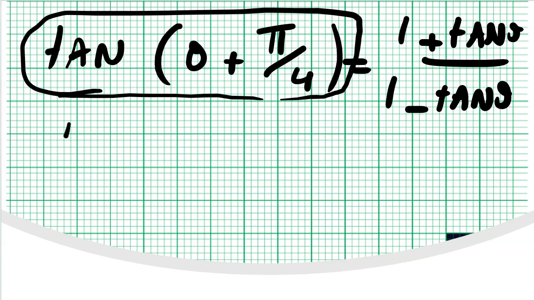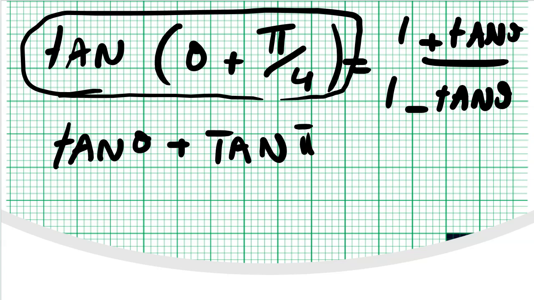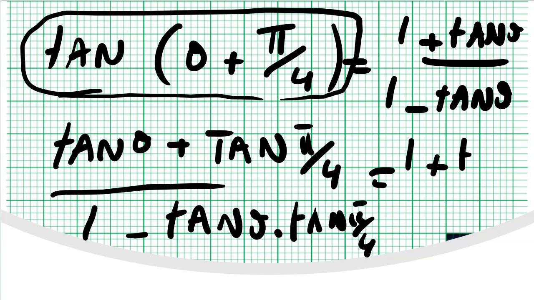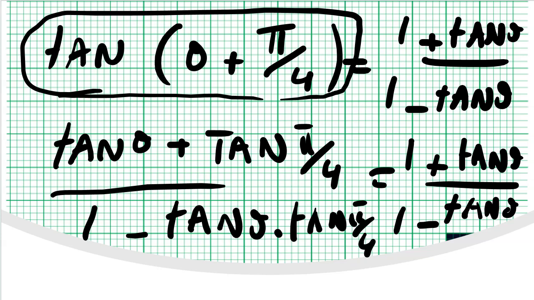What the memorization yields is tangent of theta plus tangent of beta, which is pi over 4 in this situation, divided by 1 minus the product here, tangent of theta, tangent of pi over 4. What's the tangent of pi over 4? It's 1. So that's 1 plus tangent of theta, and in the denominator I have 1 minus 1 times tangent theta, so 1 minus tangent theta. So it does follow an identity, okay?